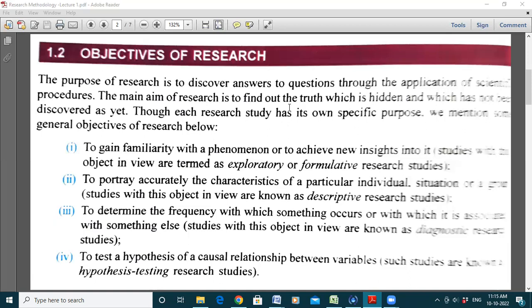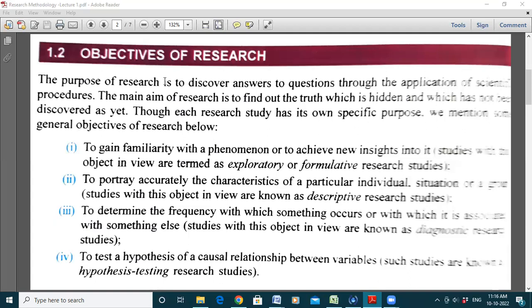But if we consider some general ones, general in the sense that they will be applicable to, suppose, social science, or your business, or the school of sciences, basic sciences, then school of engineering, school of computing science.